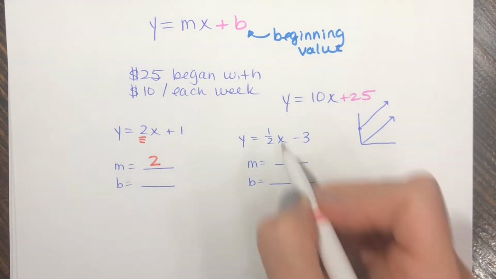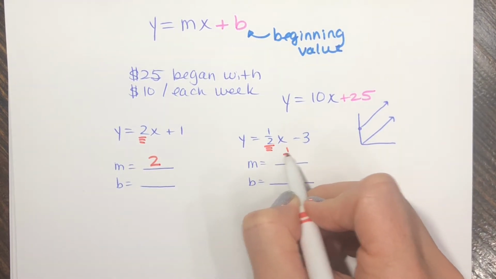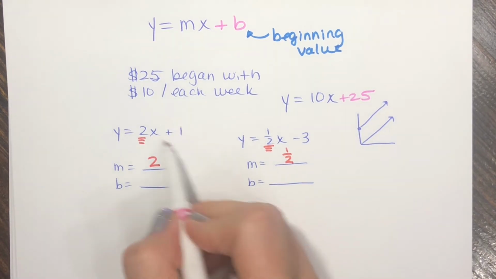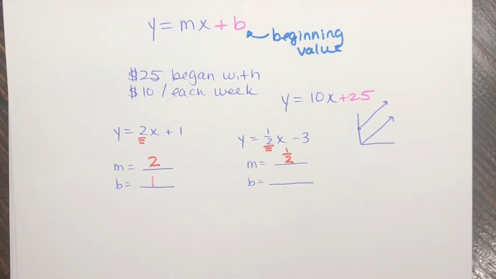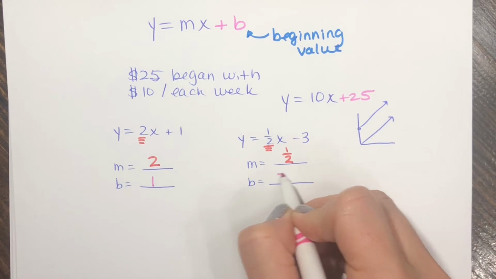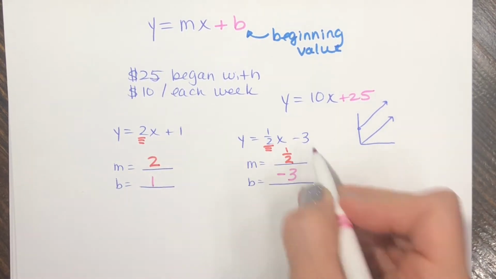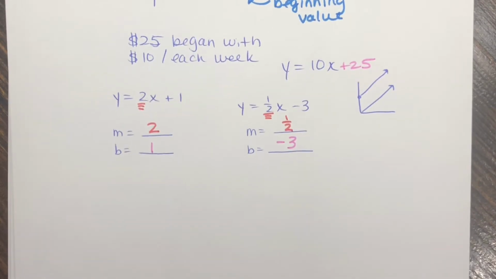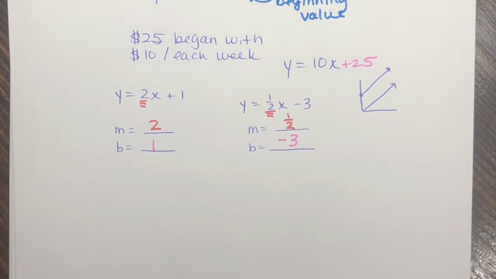That's 2. The slope in this line is 1/2. And my beginning value is going to be that new number that was added at the end of my proportional relationship. In this case, it's 1. And in this case, it's -3. So I'm asking you to take a look at the equations given in slope-intercept form and identify the slope and the y-intercept.